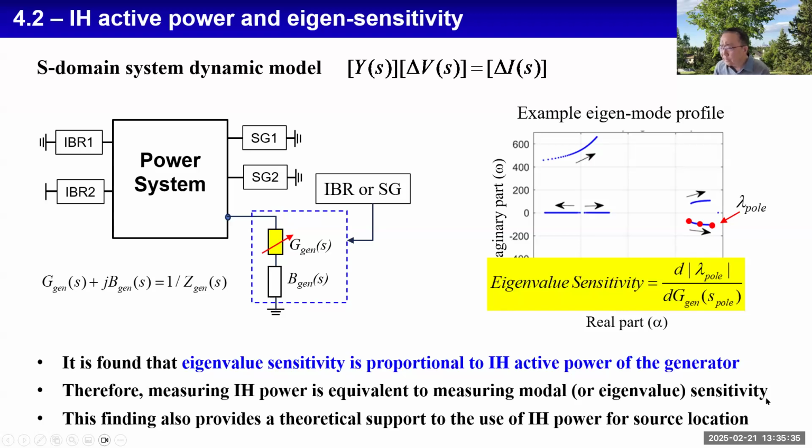This is a very interesting finding from this research. This finding also provides theoretical support for the use of interharmonic power for source location. Using interharmonic power for source location intuitively makes sense, but here we provide theoretical support.